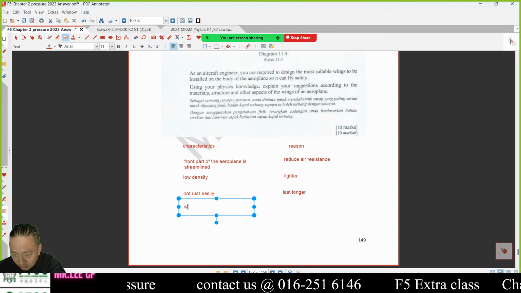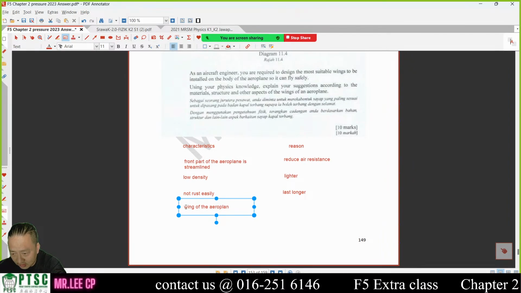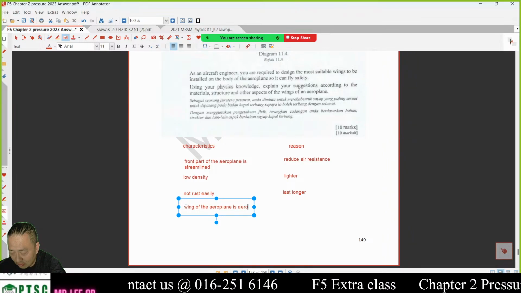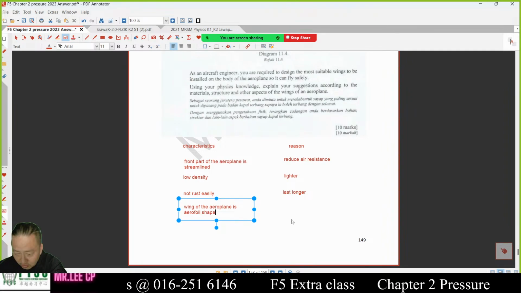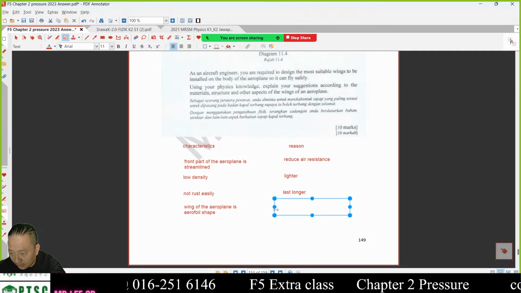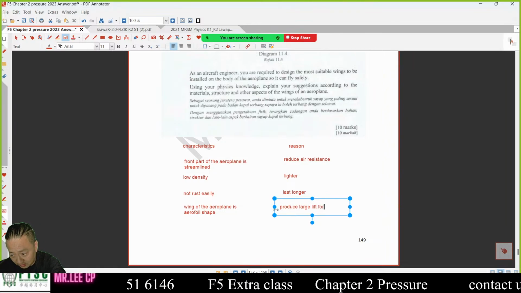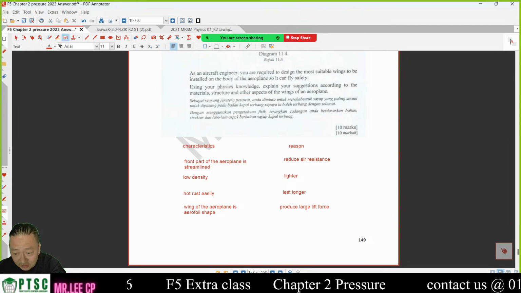All right, wing of the aeroplane is aerofoil shape, aerodynamic shape. Why? Produce a large lift force, because of the difference in pressure.